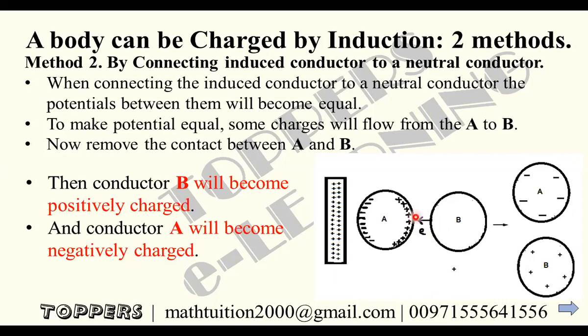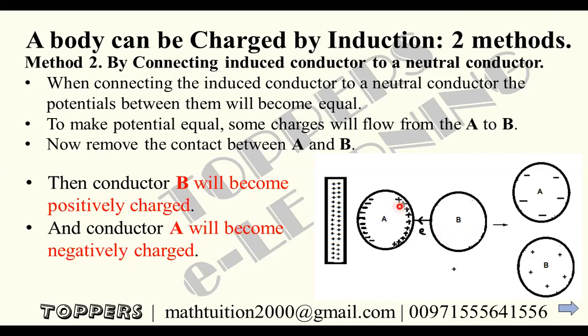So the flow stopped. After that, we remove this charged source body, and we separate A and B. What will happen? Now A has an excess of electrons, and B has a deficiency of electrons.